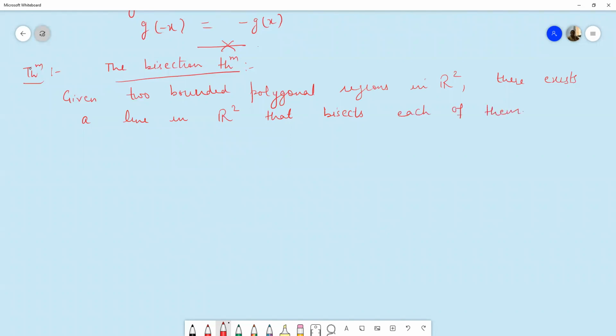As I have told earlier, if we have only one polygonal region, then it is very easy to prove by the intermediate value theorem. But in the case of two bounded polygonal regions, the proof is a little bit complicated.